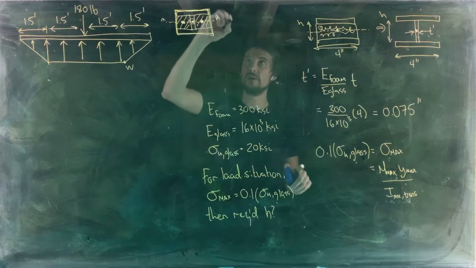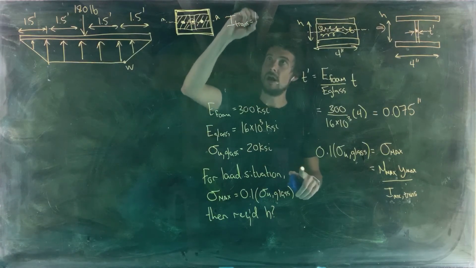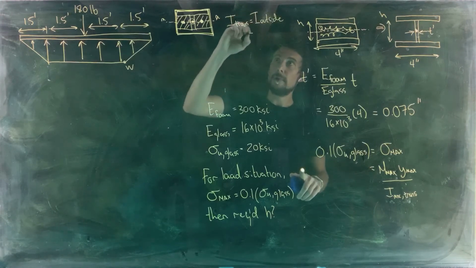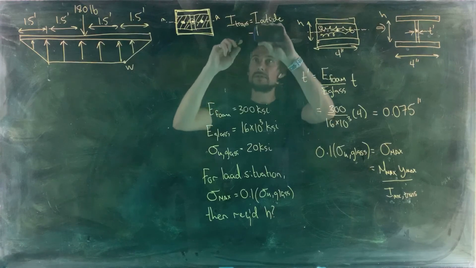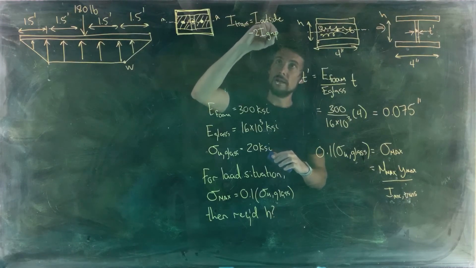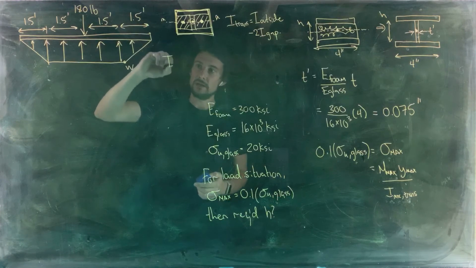So here I transformed is going to be I for the outside minus 2 times I for the gap regions. All right, let's go ahead and do that.